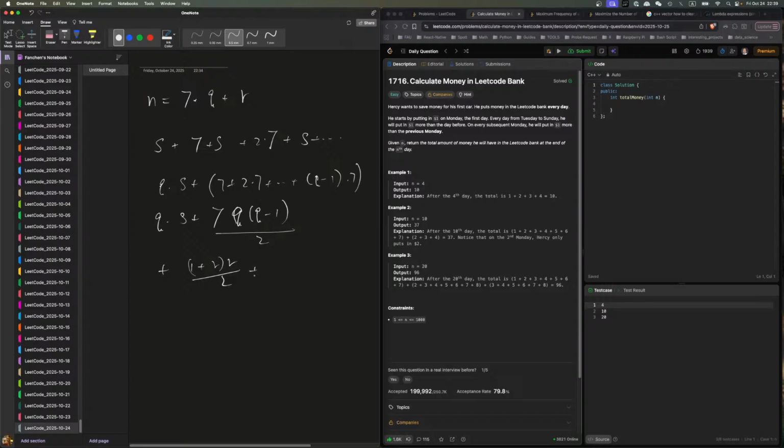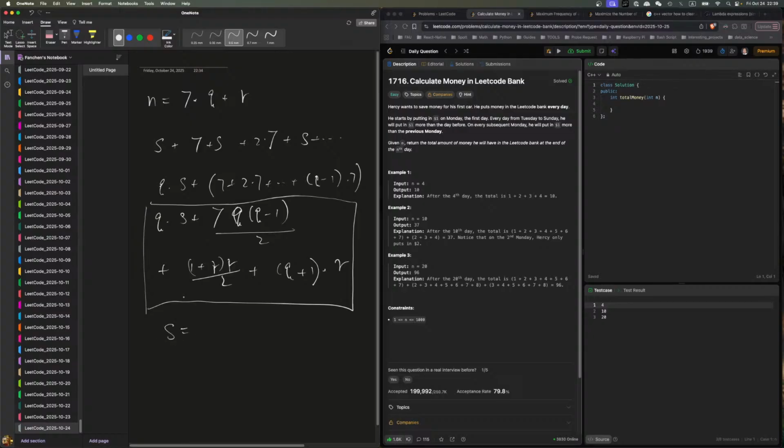This is for r days, plus, because that's after the q weeks, we have to add q more times r days. So that's the formula, I believe, where s is equal to 1 plus 2 up to 7, which is 28.